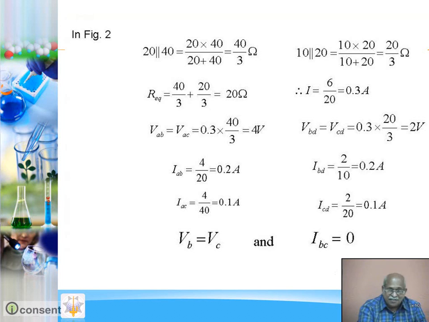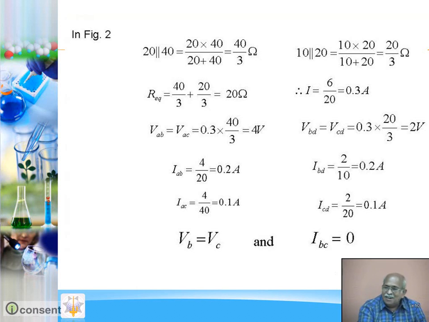These two are in series, so equivalent resistance of complete circuit of figure 2, 40/3 plus 20/3. That comes out to be 20 ohm. This is equivalent resistance of entire circuit shown in figure 2.